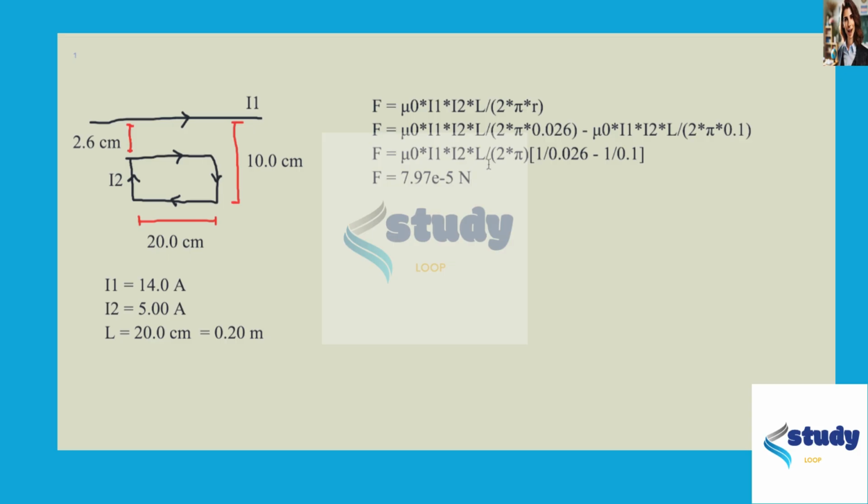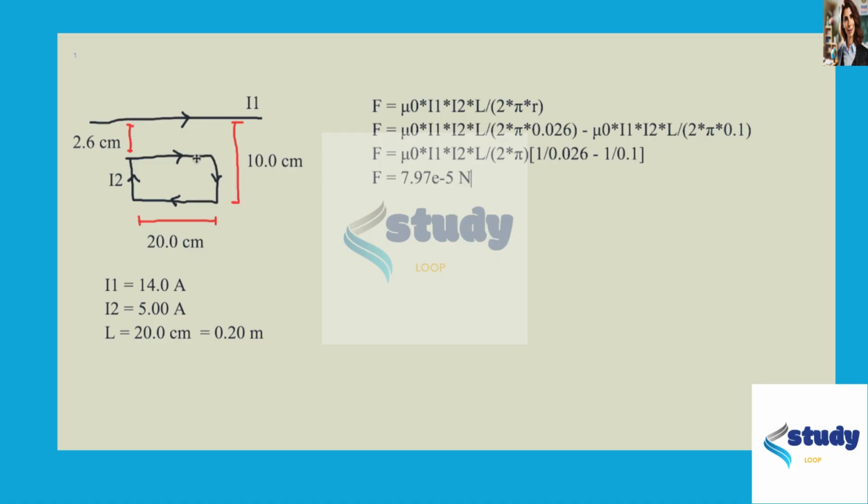And again, when we were considering the direction, we know that this top part of the loop is closer to the long wire, so the force on this top part is going to dominate.